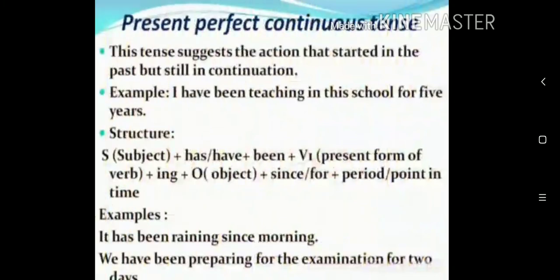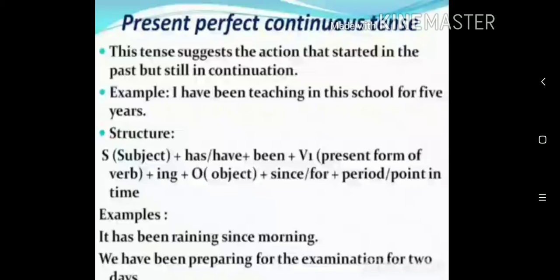Present perfect continuous tense. This is the 4th type of present tense. This tense suggests the action that started in the past but still in continuation. For example, I have been teaching in this school for 5 years.